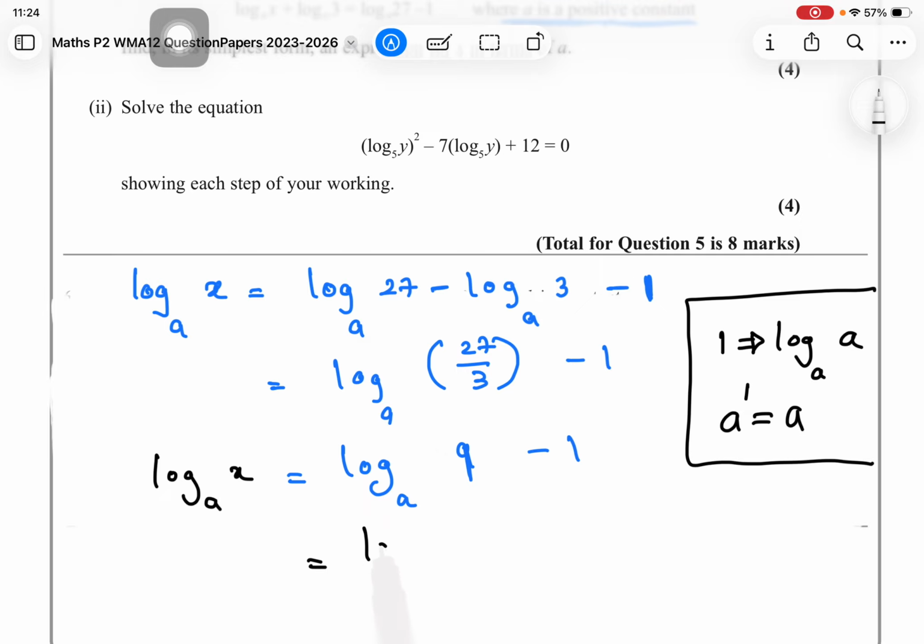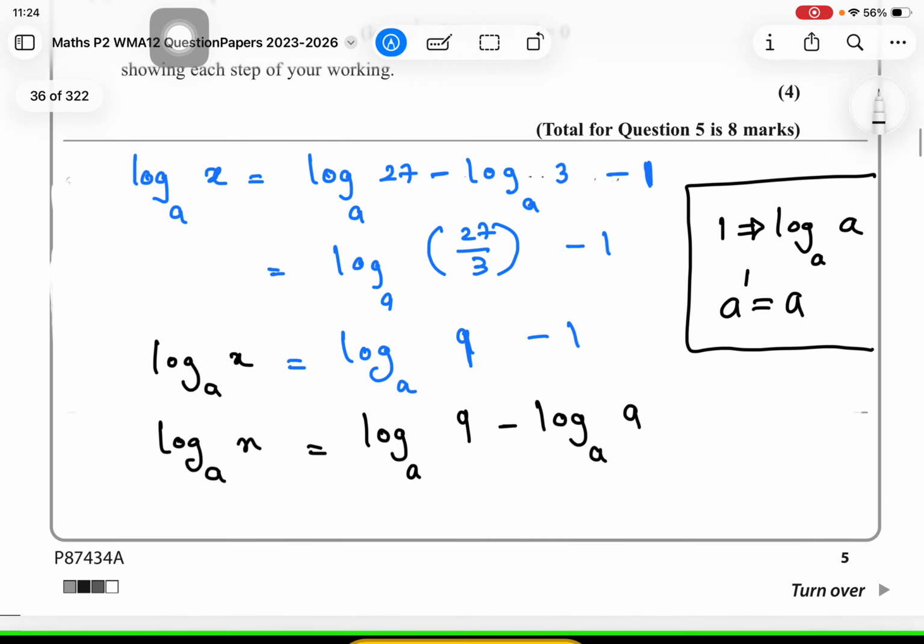So this one also we can write as minus log a to the power a, and this is log a to the power x. The reason I'm rewriting the 1 is so I can cut the log a out, which gives 9 minus a. This side it's log a x. So now both sides have log a.